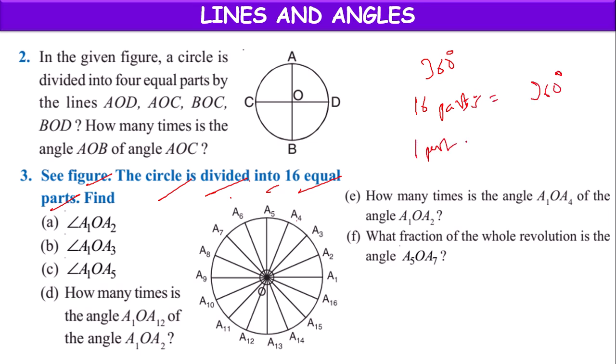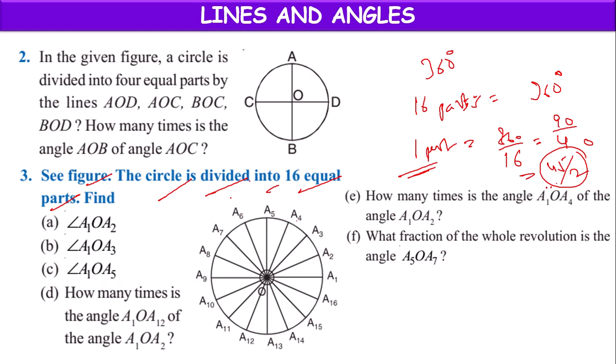So one part will be equal to 360 by 16. Cancel by 4: 90 by 4. Cancel by 2: 45 by 2 degrees. Each part will be equal to 45 by 2 degrees.